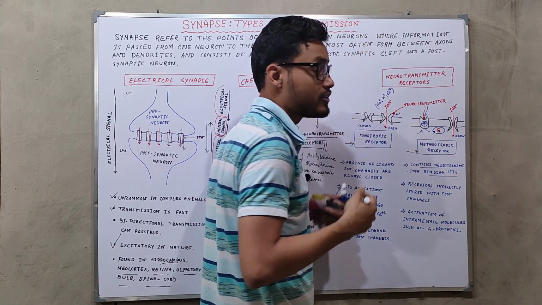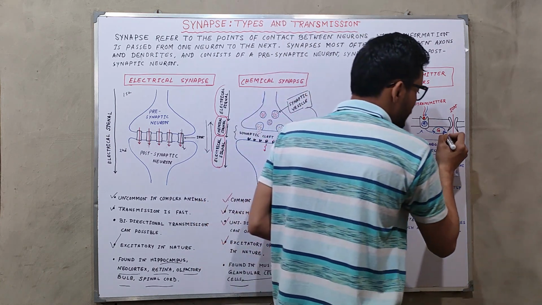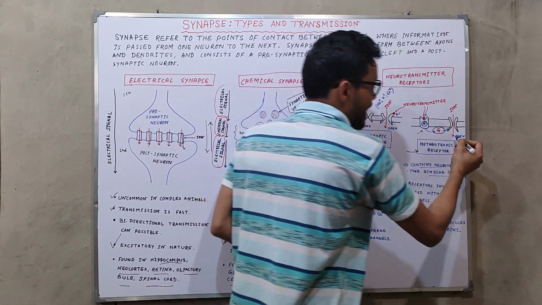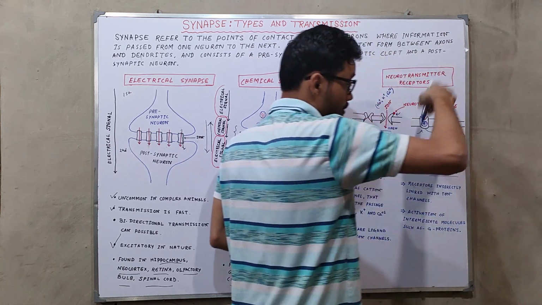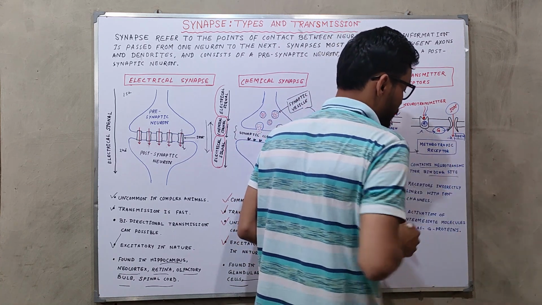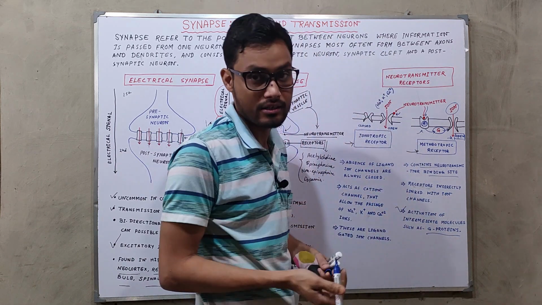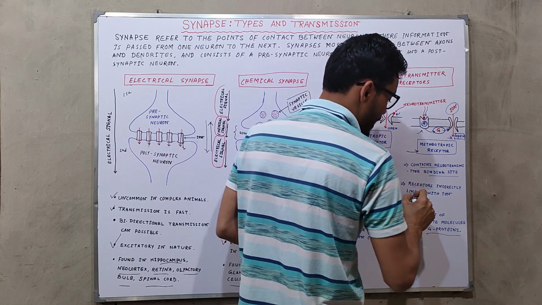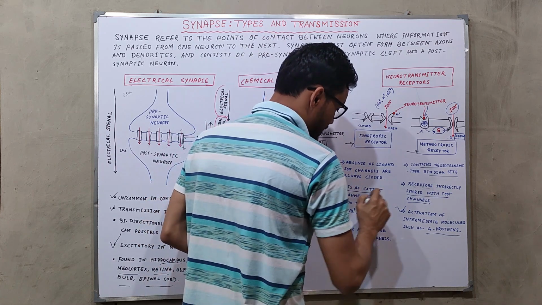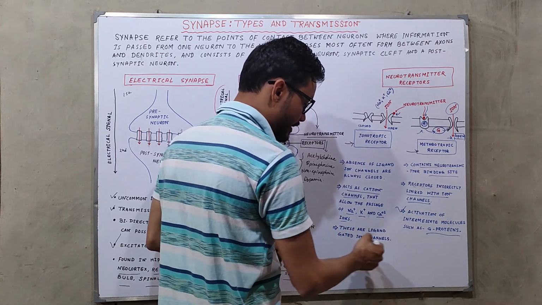The G protein acts as an intermediate mediator and ultimately activates the receptors, which now open and facilitate the passage of ions from one side of the neuron to the other. So its activation involves intermediate molecules such as G proteins or GPCRs, and these receptors are indirectly linked with ion channels. In the case of ionotropic receptors, this acts as a cation channel that allows the passage of sodium, potassium and calcium ions, and these are the ligand gated ion channels.